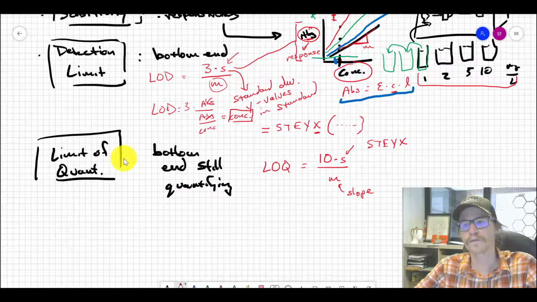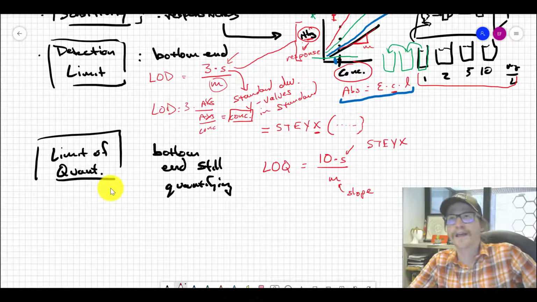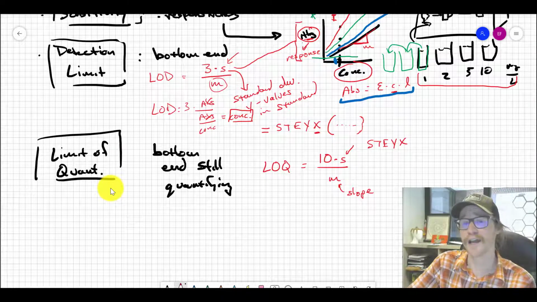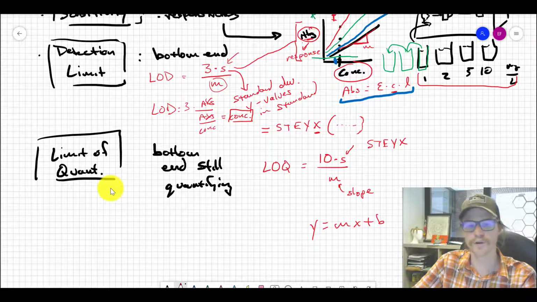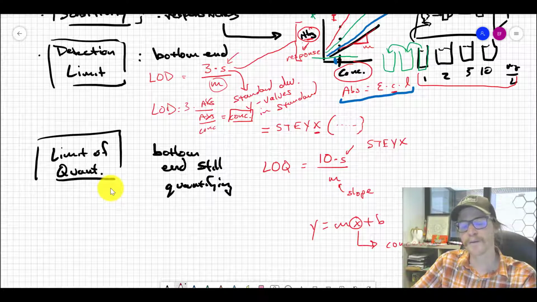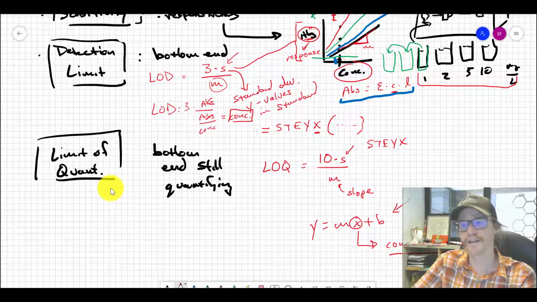We often report both of these. After you do your analysis, say you do a calibration and get an equation of a line, y equals mx plus b, and you use it to compute the concentration of some real samples. Remember, this equation doesn't consider whether the concentration you're computing is a valid number.